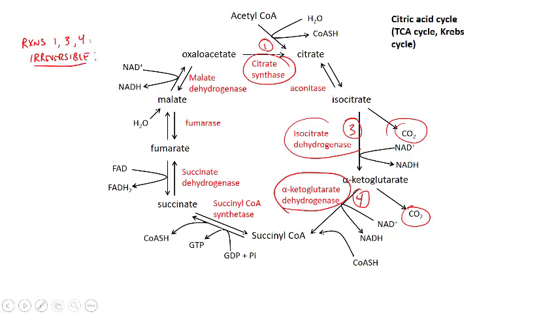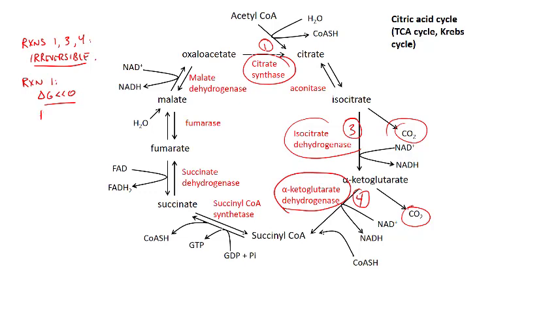They're irreversible for various reasons, but specifically in the case of citrate synthase, reaction 1, it is highly favorable, so its delta G is extremely negative, and we talked about last time why reactions with very negative delta Gs are irreversible, and there's a worksheet problem related to that.